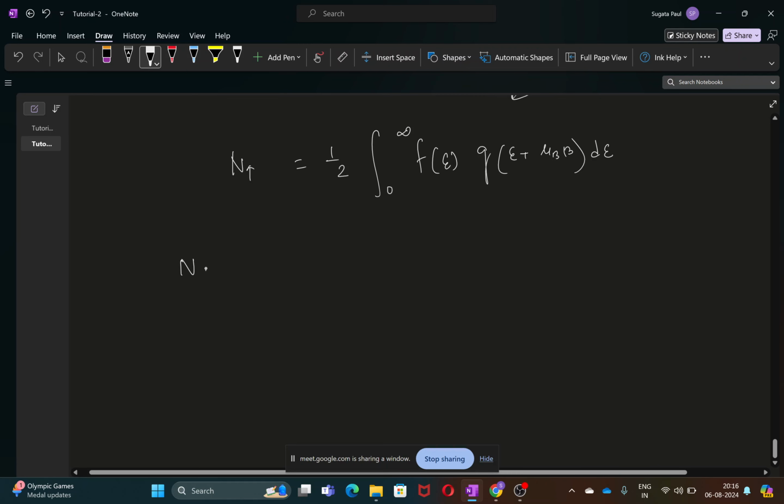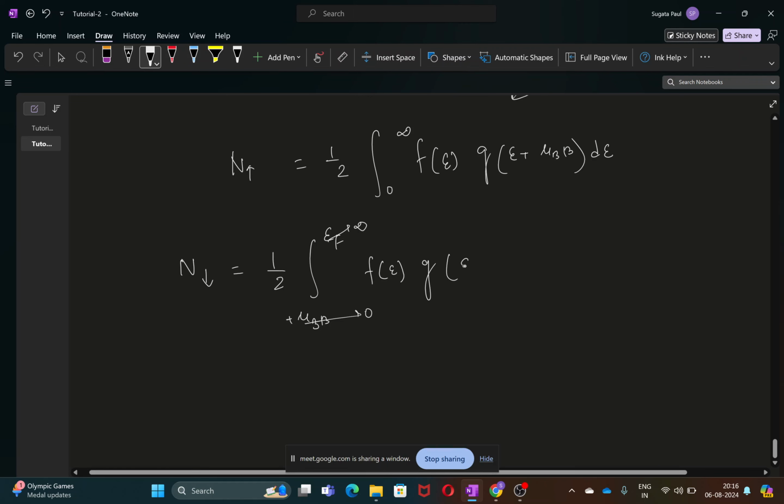Similarly, the number of states for the spin down band is calculated the same way, with the half factor, and here the lower limit comes from +μB·B up to EF, which again simplifies to 0 to infinity, with the occupancy factor f(E).